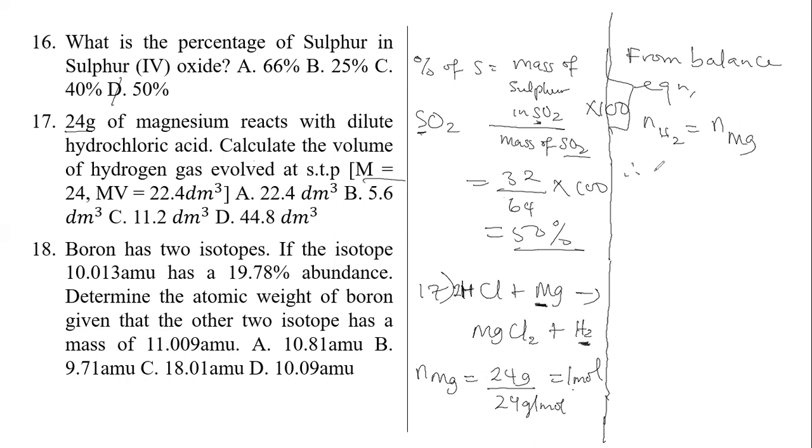So therefore, the mole of hydrogen is going to be 1 mole also. You can recall that volume is equal to mole times 22.4. So that's going to be 1 mole times 22.4, and that's going to be 22.4 dm cubed.